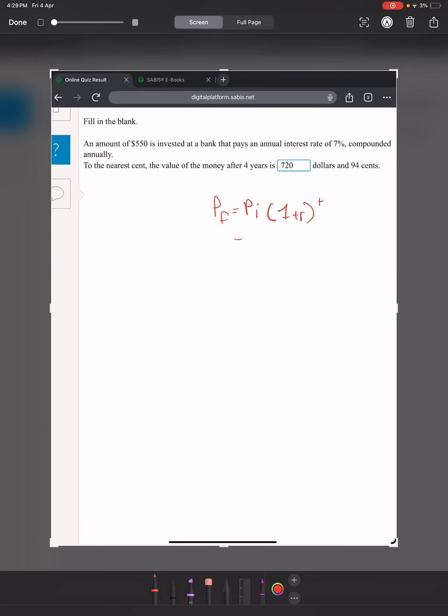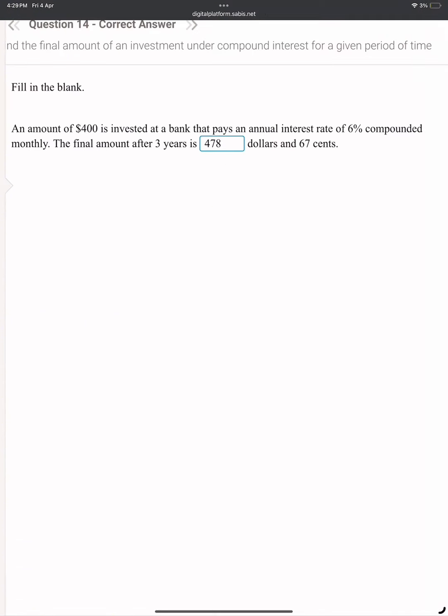So P initial is how much is invested, which is 550, multiplied by 1 plus the interest rate, which is 7%. 7% we know is 0.07, to the power of time, which is 4. You type this, you get 720.94. They want it to this many decimal places, so the answer is just 720.